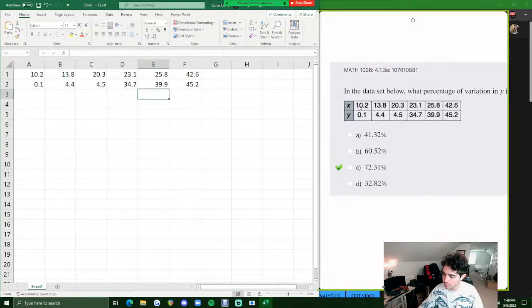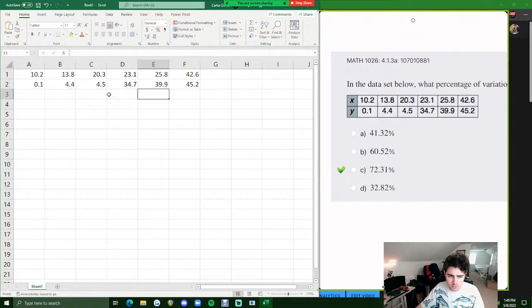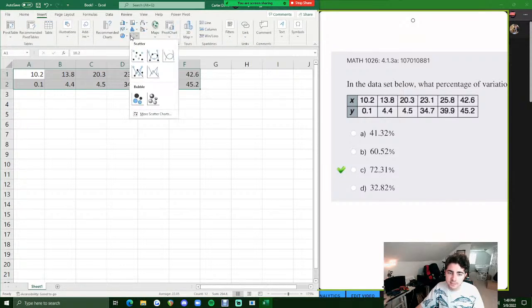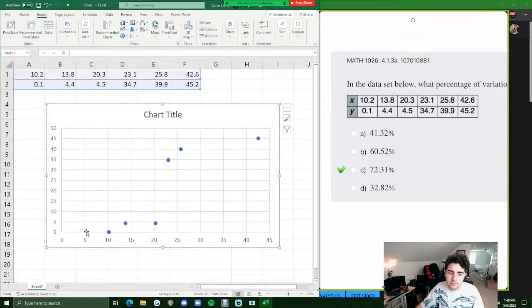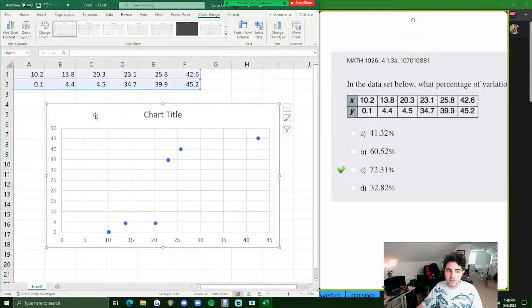Let's try to zoom in on this real quick now that we know what we're looking for. So 10.2, 13.8, 20.3, 23. All right. Now that we have these, there's a couple of different ways you can go about it. I think one way I prefer is highlighting these, inserting a scatter, and then you can see, if we did a trend line, these dots would be pretty off that trend line. But doing the whole trend line thing is actually where we can find an answer here.